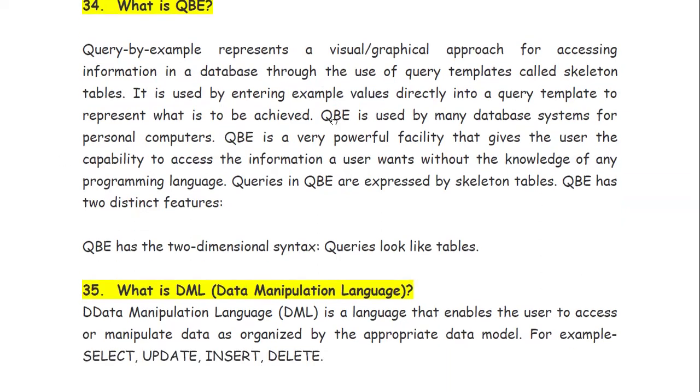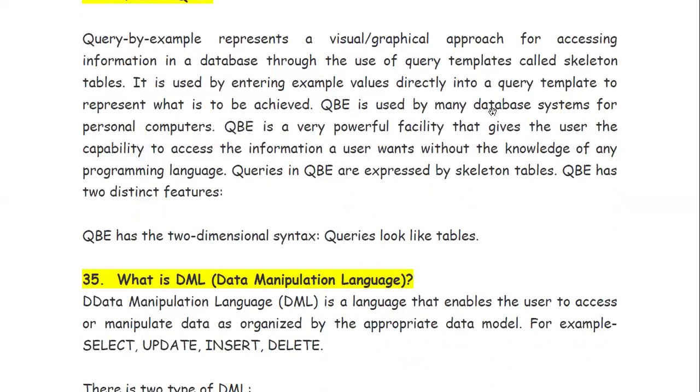It is used by entering example values directly into a query template to represent what is to be achieved. QBE is used by many database systems for personal computers, and this is a very powerful facility that gives the user the capability to access the information a user wants without the knowledge of any programming language.